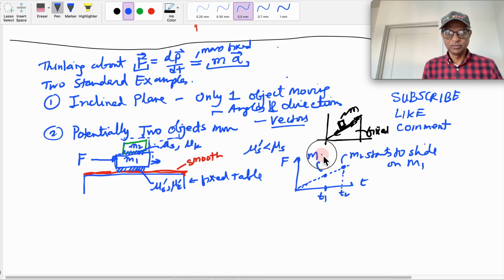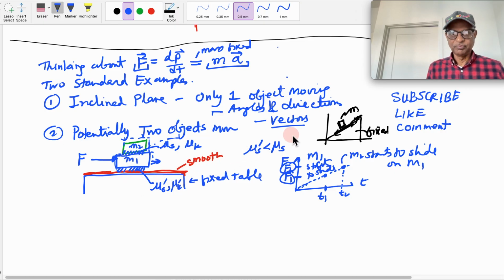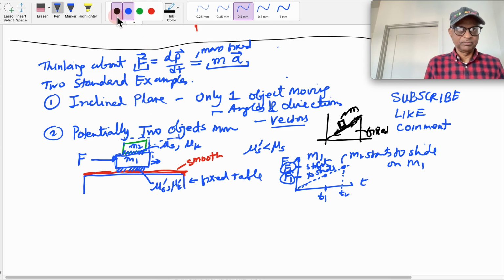So we have to figure out what these force values F1 and F2 are, given those things. So this is two things potentially moving. Let's do the inclined plane first.